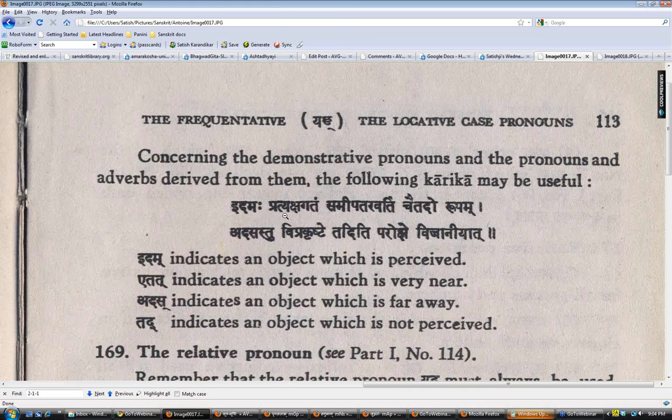The important thing about this is the last part. Taditi parokshe vijaniyat. The tat pratipadikam should not be used when somebody is in front of you. Drishti gocharam asti chet, if you can point a finger at them, tat pratipadikam na prayoktavyam. When somebody is in front of you, you should not say sah vadati.